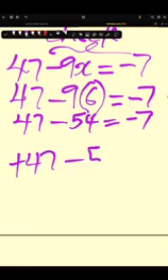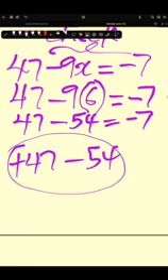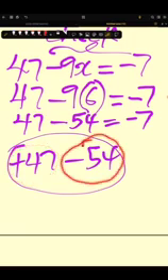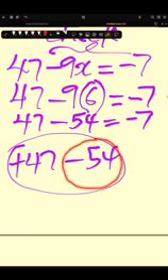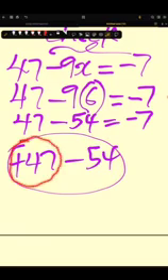What we need to do for these two is this: the minus 54 is what I am owing, while this plus 47 is what belongs to me. So if I'm owing 54 and I use what belongs to me to pay what I am owing, what will be left that I'm still owing is minus 7.